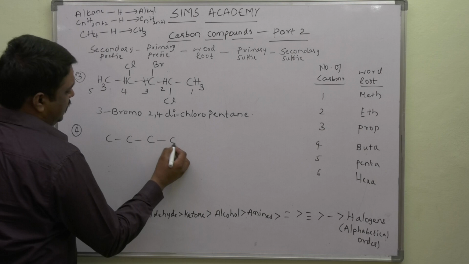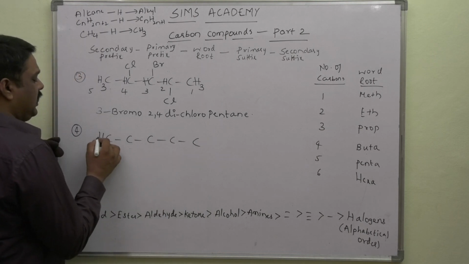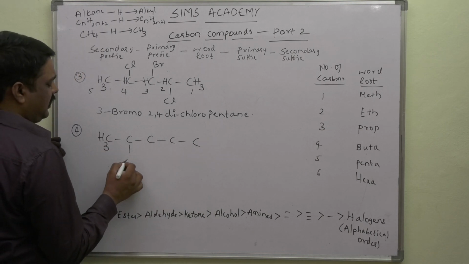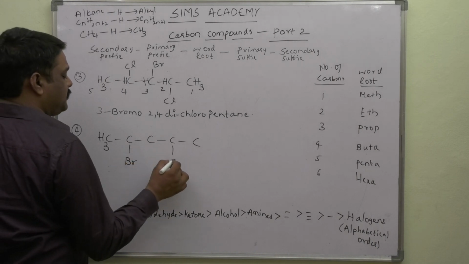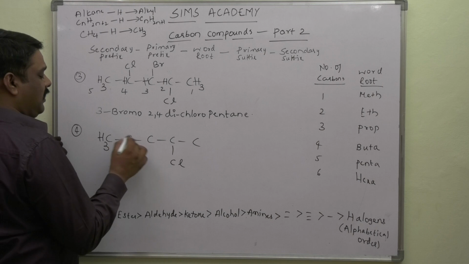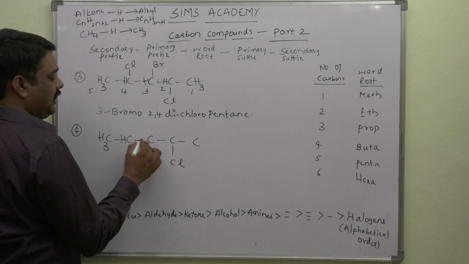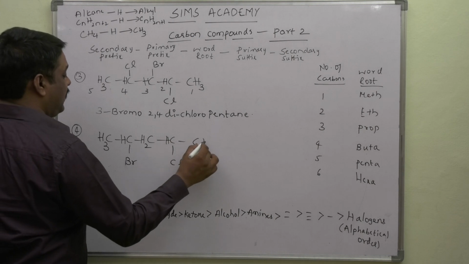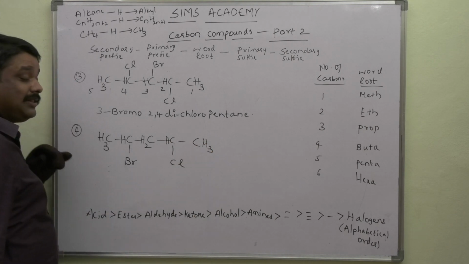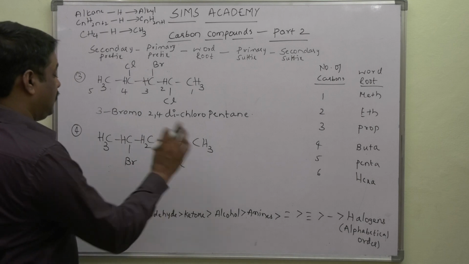1, 2, 3, 4, 5. Here H3. Let us take one substituent bromine, another substituent chlorine. 1, 2, 3 bonds. 1, 2, 3. 1 hydrogen, only 1. Remaining 3 for 4 bonds. H3.